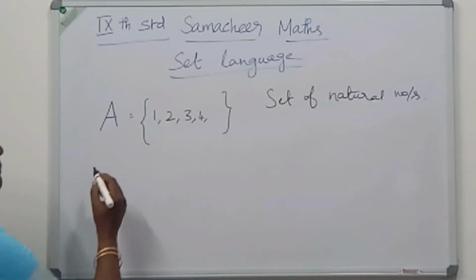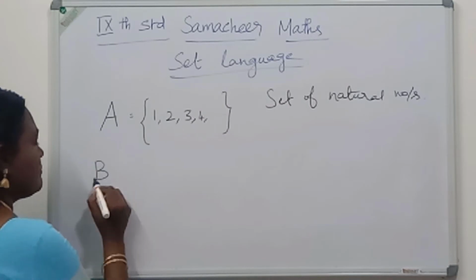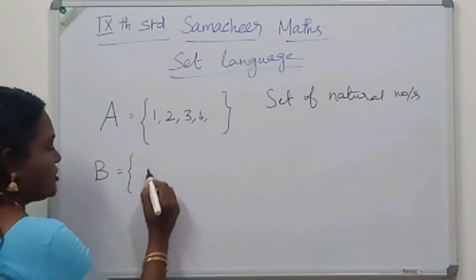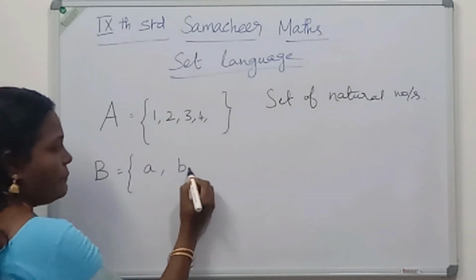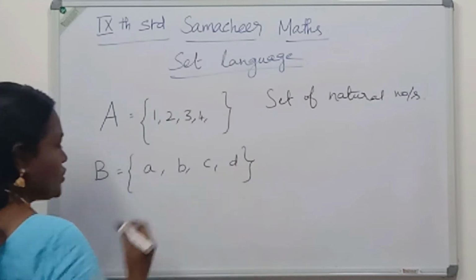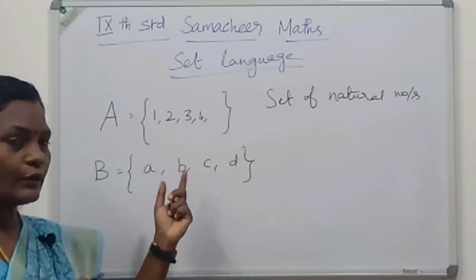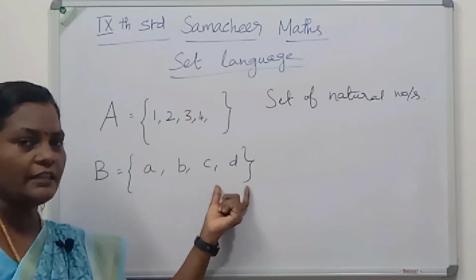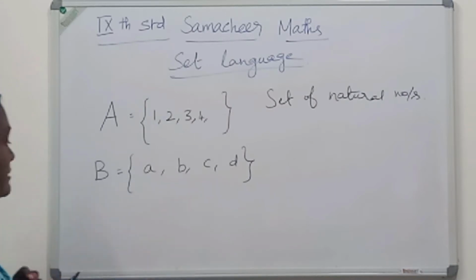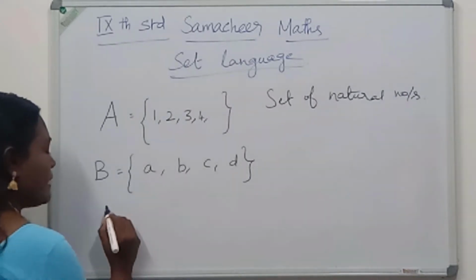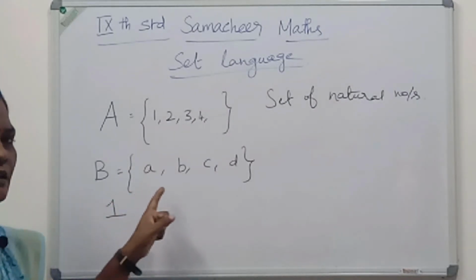Next, for example, if we take a set B, I can take the elements as a, b, c, d. So in this set we have only four elements: a, b, c, d. Now, is the number 1 in the set B or not?